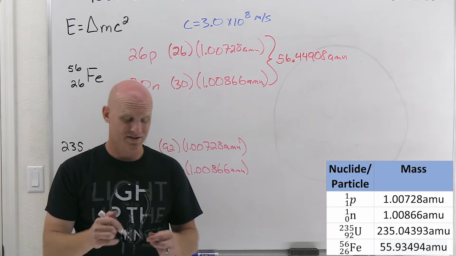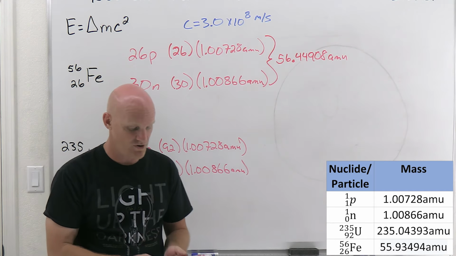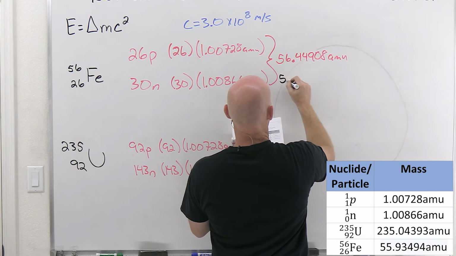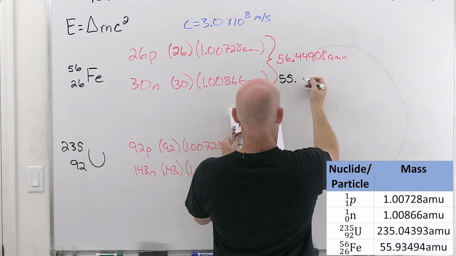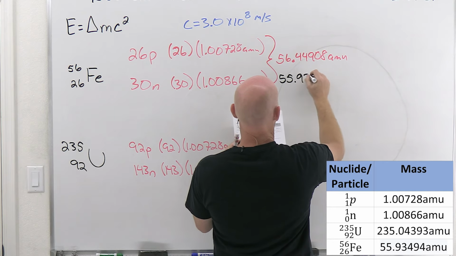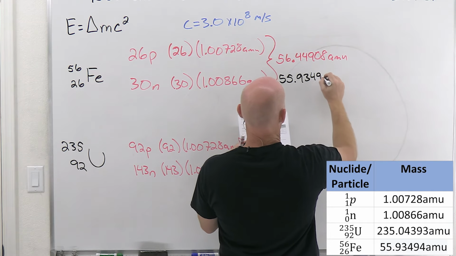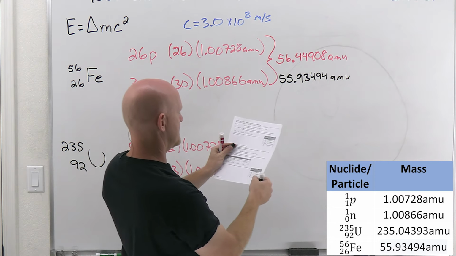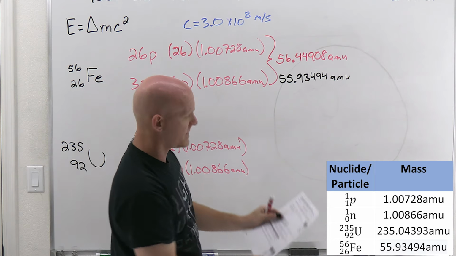And we're going to compare this to the exact mass of the nucleus once you put it all together. I've provided that here in this table, and that's 55.93494 AMUs.